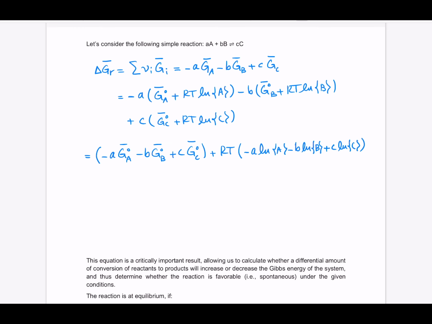Exactly. So all of this would be delta G of the reaction per mole at the standard condition. The same expression as we had on the top.